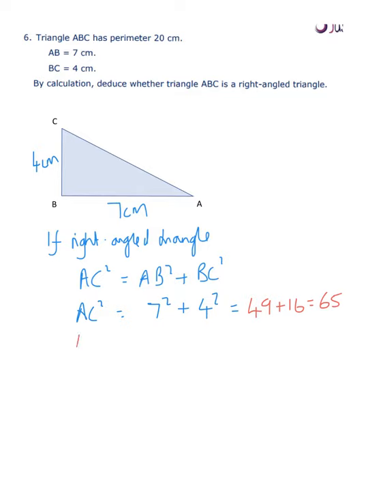So therefore AC equals the square root of 65, which is 8.06, if right angled. So if it was a right angled triangle, that's how long it should be.